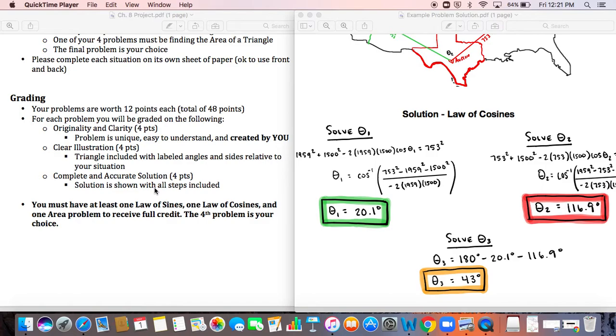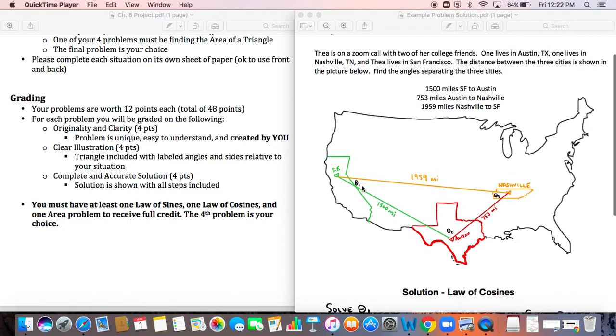You get 4 points for having a clear illustration. So see here, it was very clearly illustrated. Now this one's extra nice because it has the map in the background. You wouldn't have to do that, just do your best for the illustration.